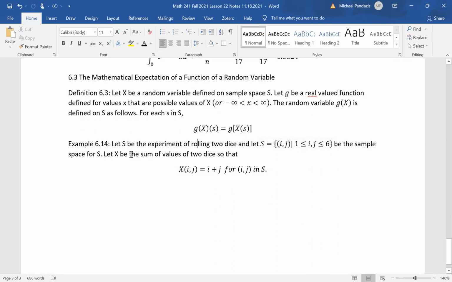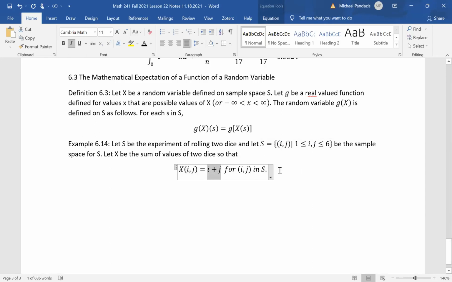So we have our sample space S. And let X be the sum of the values of the 2 dice. Well, if X is the sum of the values of 2 dice, then what you're inputting into X is a point of your sample space, a simple outcome of your experiment. And your simple outcome is represented by this ordered pair i comma j, where i is the first roll and j is the second roll. And so if X is going to capture the idea of the sum of the 2 dice, then if you're inputting i comma j, the output should be i plus j, adding the number you get from the first roll to the number you get in the second.